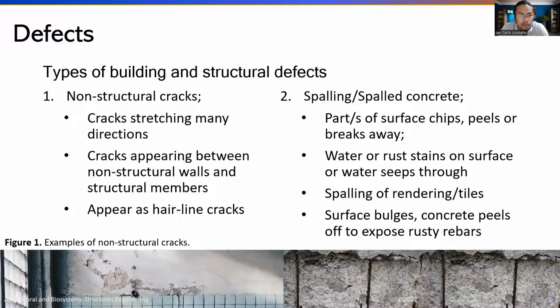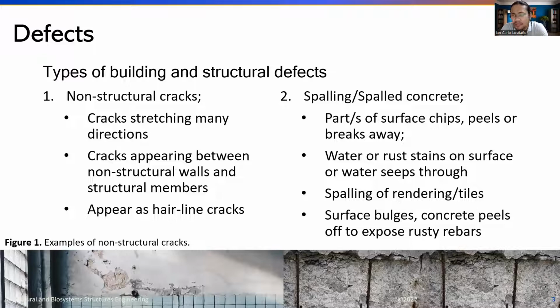We have here the types of these defects. You have non-structural defects or cracks. Anyway, it's cracks stretching in many directions. If you could see on the image, the cracks appear between non-structural walls and structural members, and they appear as hairline cracks. This is the least of concern if ever they are in a building. And then there you have your spalling or spalled concrete.